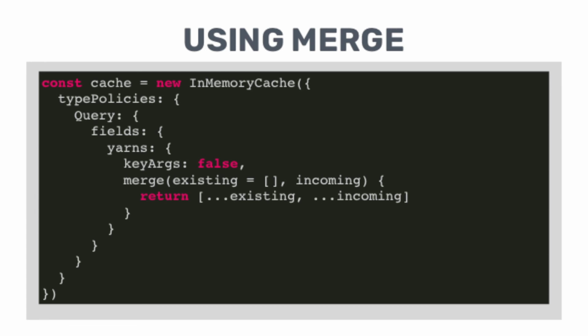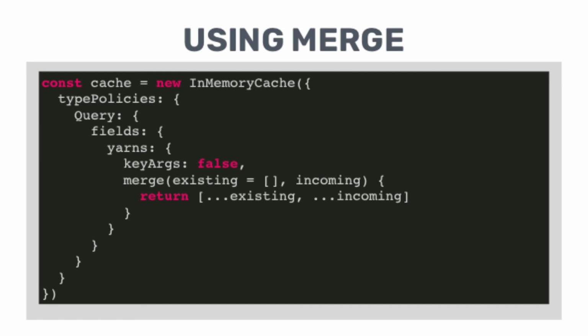The merge function takes the existing data as the first parameter, and the second one is the incoming data. Because we want to combine the existing and incoming data, we are returning an array where we've spread everything from the existing data and incoming data.